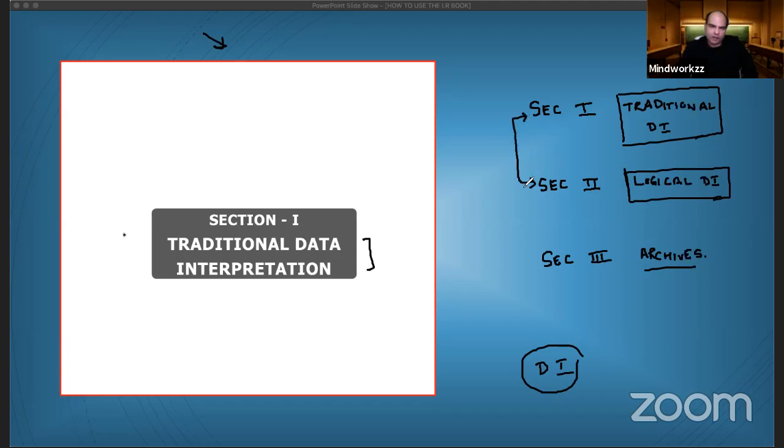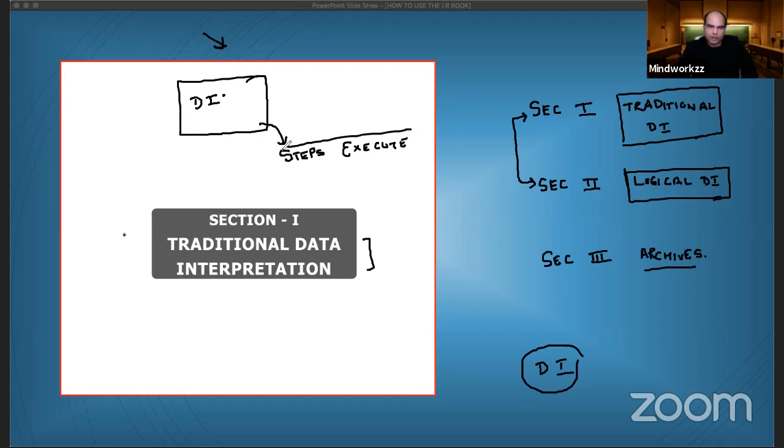is that I'm looking at it from the other end. When a DI question comes in front of you, what are the steps you're supposed to take, and what are the steps you are supposed to execute to get to the answer?